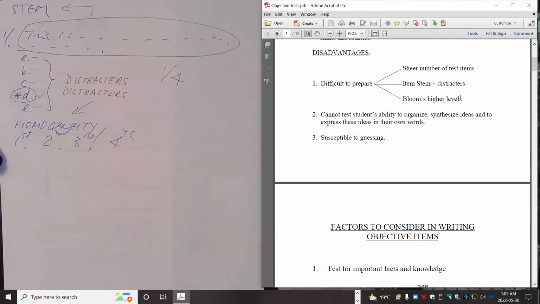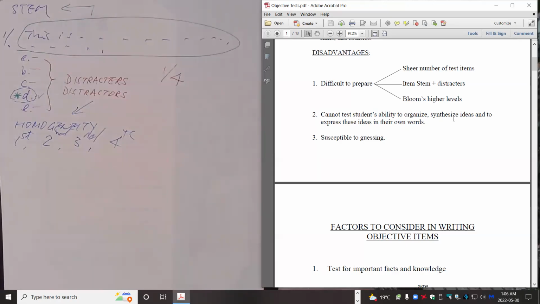Not impossible, but it takes a lot of time. Those who have been trained to be item writers, other than the psychometricians with mathematics and statistics, I can assure you, sometimes I had to scratch my head. It became bald. To write good multiple choice items is not easy.